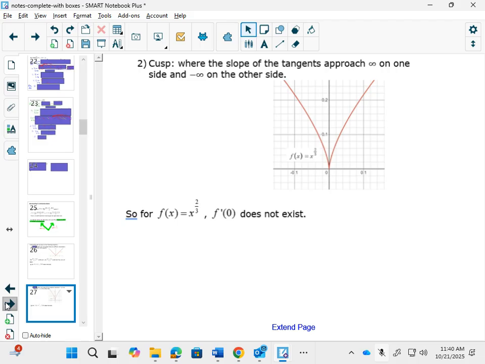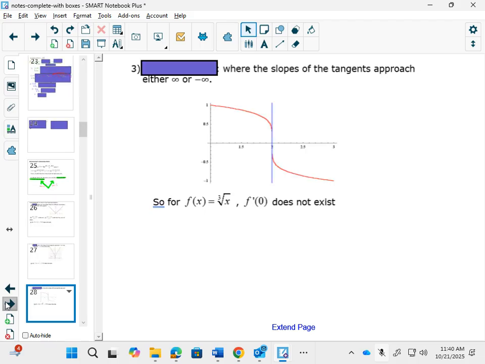And we would say both of them have infinite slopes. But it's infinity on one side, negative infinity on the other. And those are called cusps. You have places where a tangent can be drawn, but the tangent is vertical.